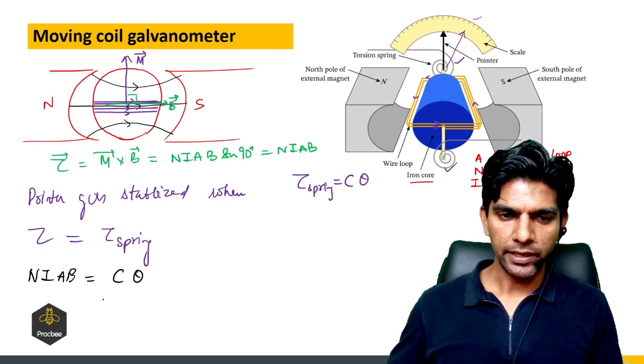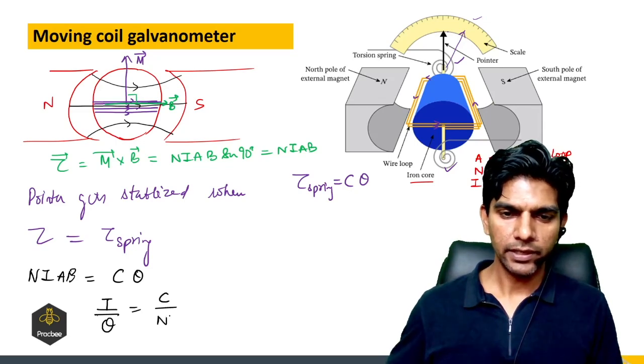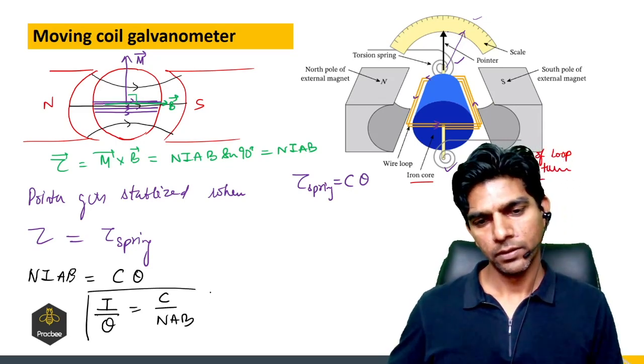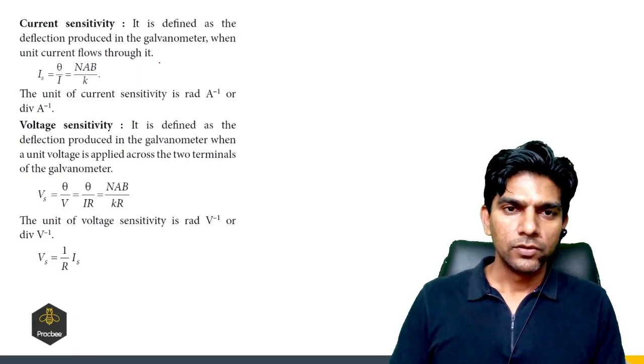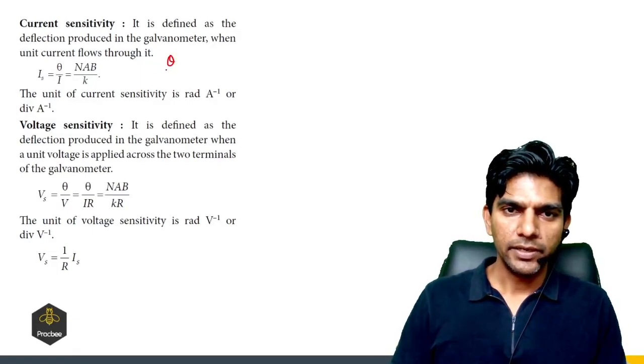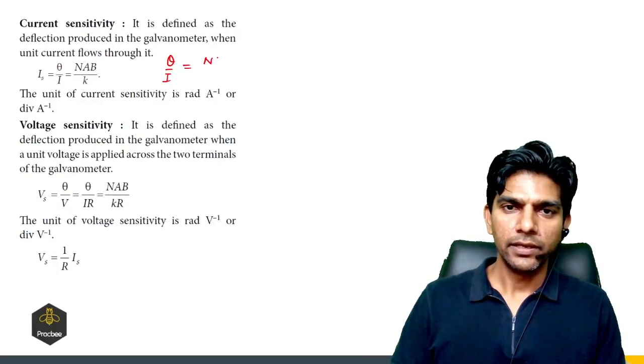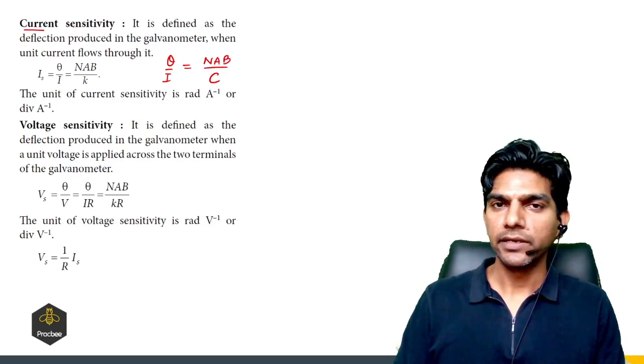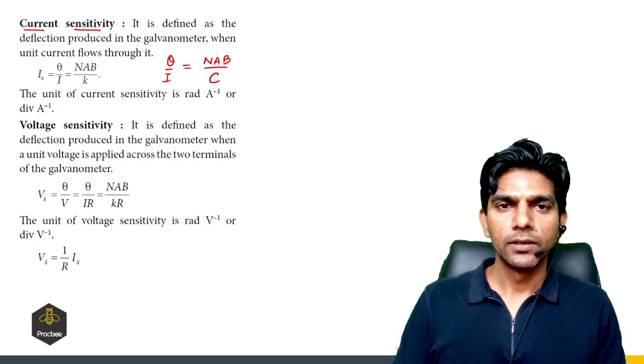So from here I can find theta by I as NAB by C.